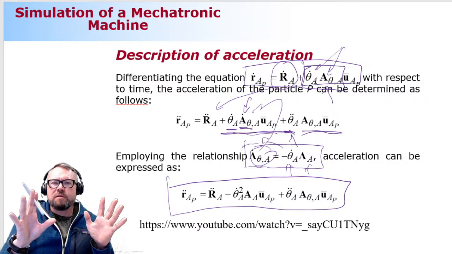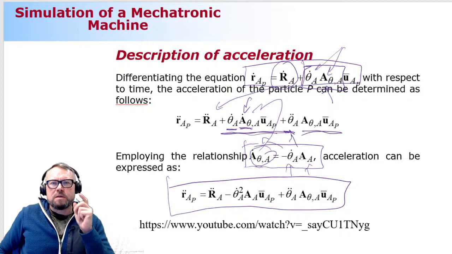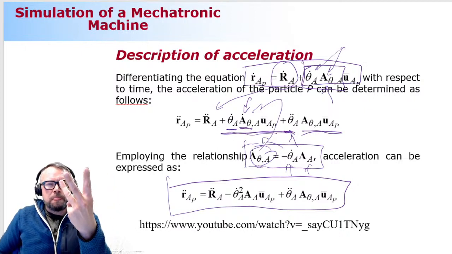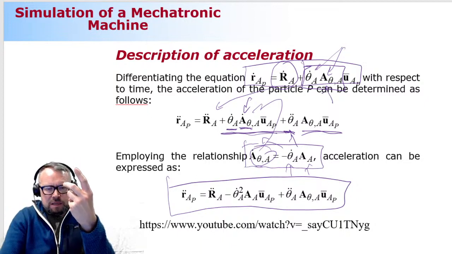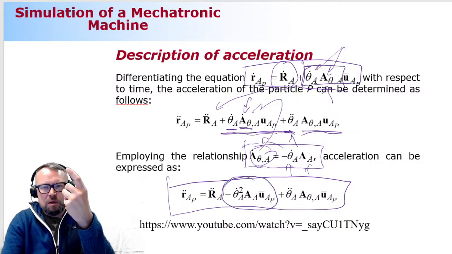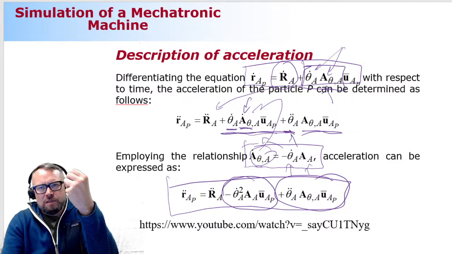Now, here comes something very important. You see that our acceleration consists of three components. Translational acceleration. There's something that is quadratically related to velocities. That's the middle one. And then the one that is related to angular acceleration.